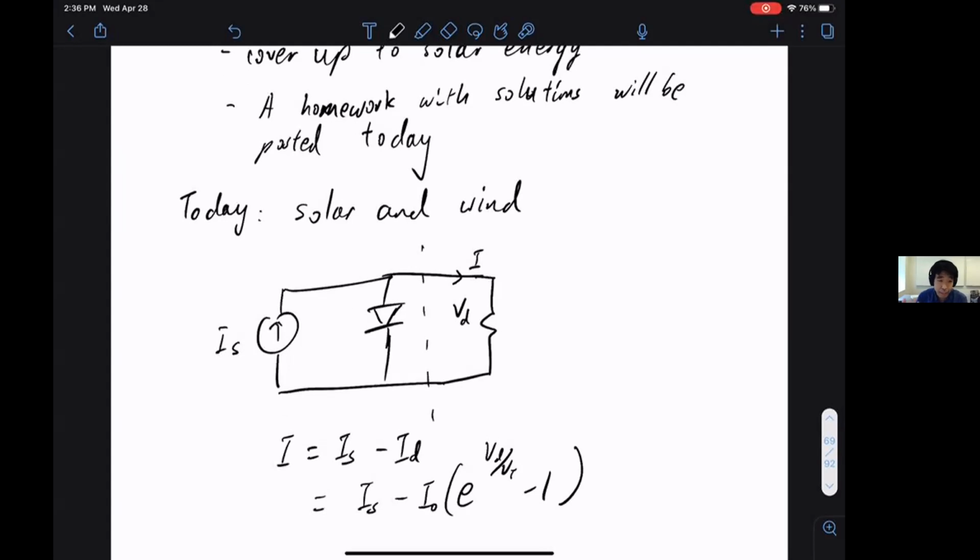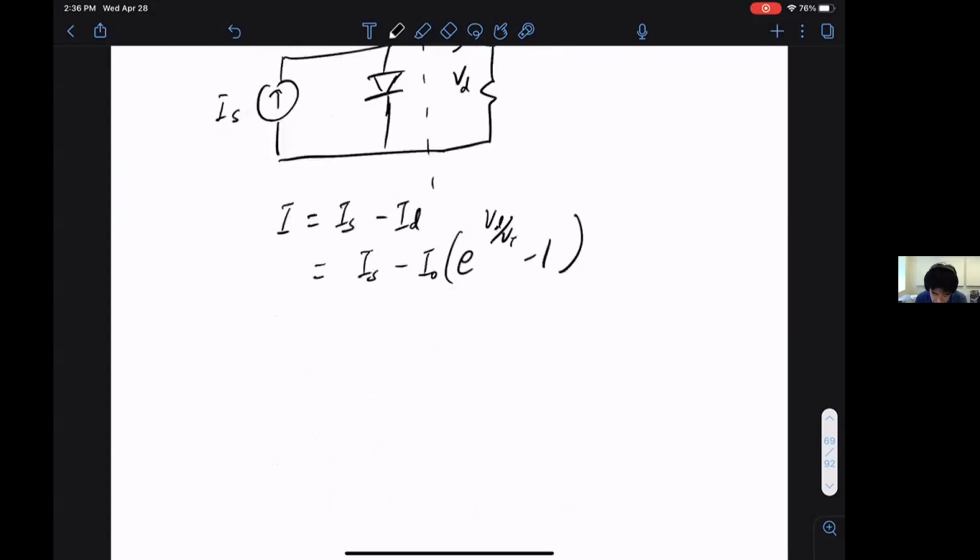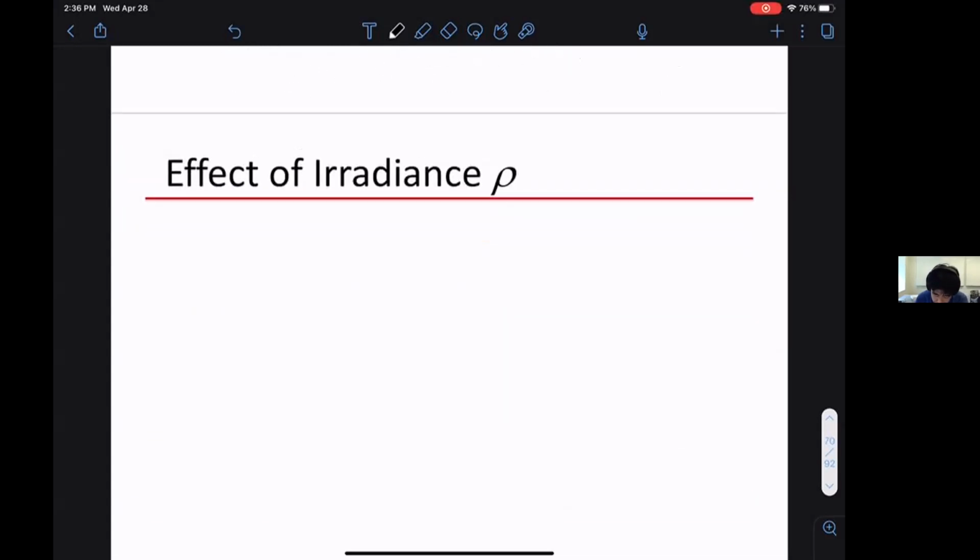Then of course, you can look at how this varies with the effect of irradiance rho, the solar power density. If you get more solar irradiation, what happens to the curve?